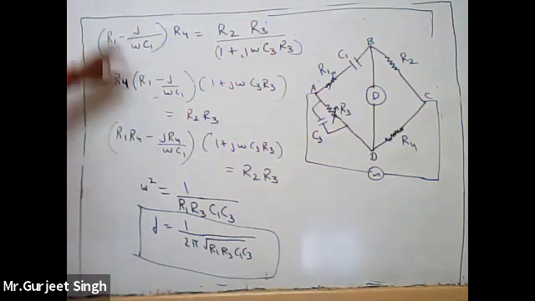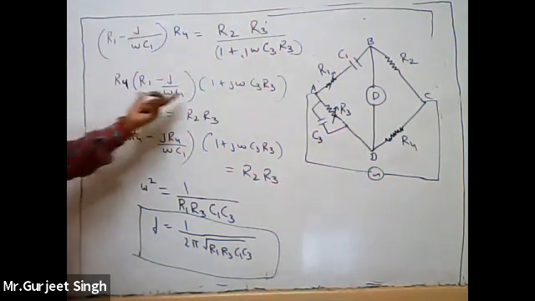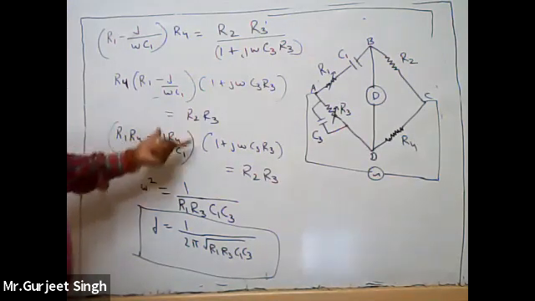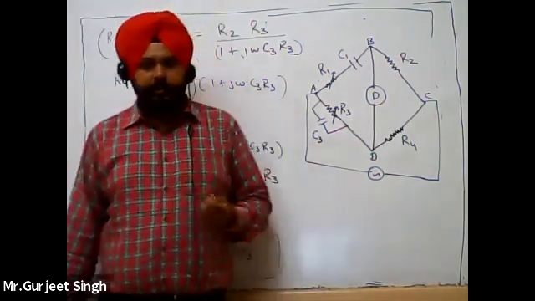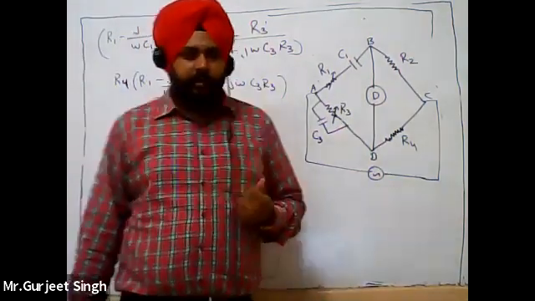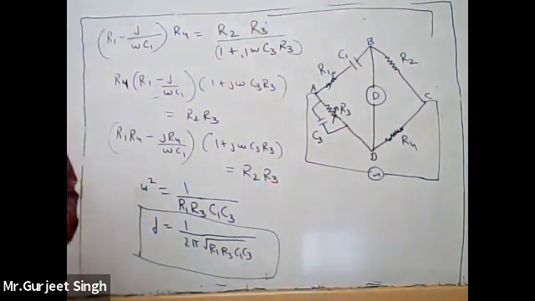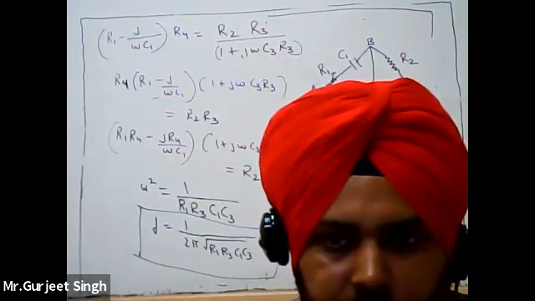First we write the impedances Z1, Z4, Z2, Z3, then cross multiply, and from these two equations we find the value of omega, that is the frequency. So this is the Wien bridge, which is used to find the value of the unknown frequency.